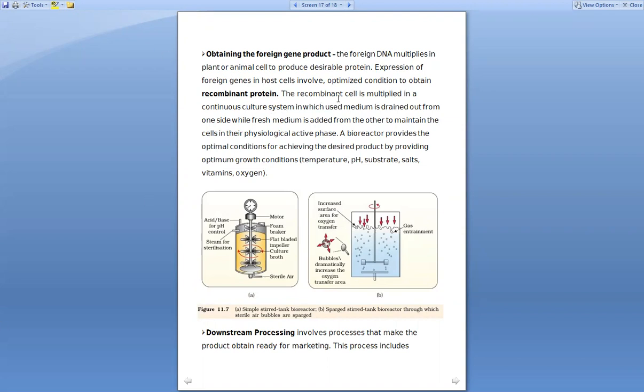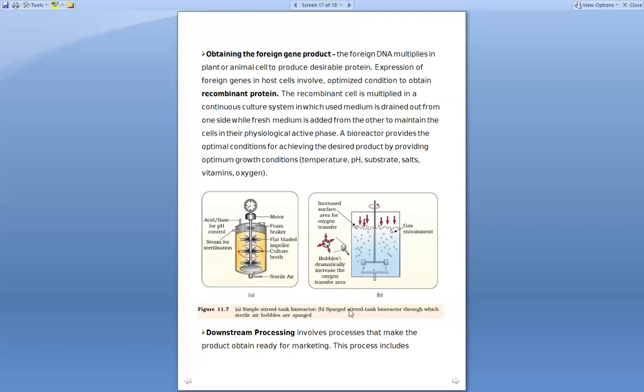So the recombinant cell is multiplied in a continuous culture system in which used medium is drained out from one side while fresh medium is added from the other to maintain the cells in their physiologically active phase. Now you can see here how to obtain this. They are using bioreactors, right?